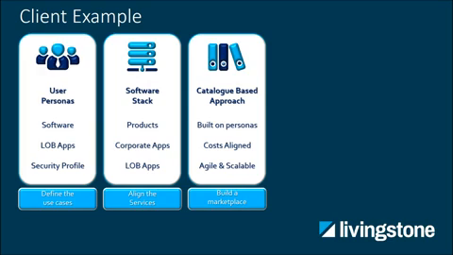And once you've got to that point when you've got your user personas and you understand the software stack against each of those, this particular company went to a catalog-based model. And what that allowed them to do was effectively define a cost against each of those personas. It allowed the individual departments to come in and be able to understand what the costs associated to deliver those packages to their staff were.